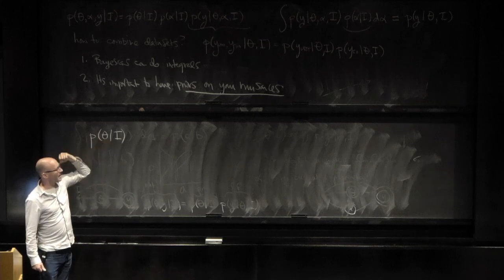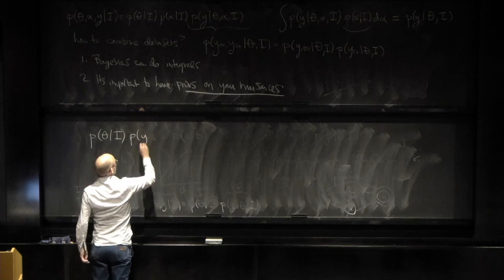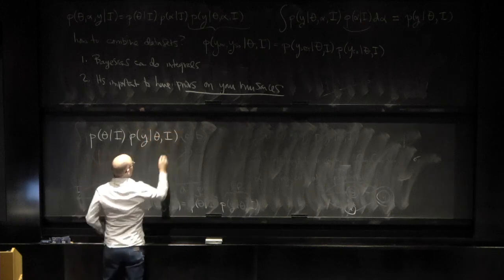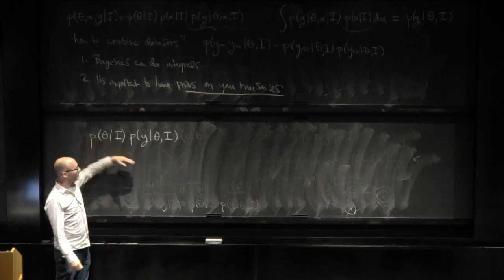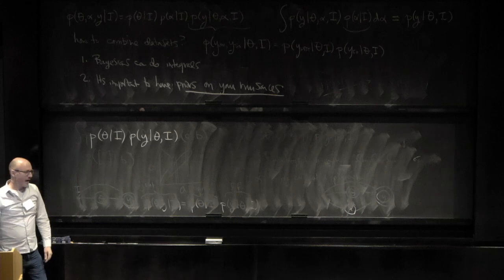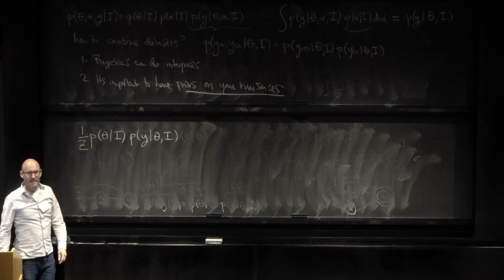So then I take the LSST marginalized likelihood that you deliver to me. That's P of y given theta and I. That's the likelihood function. I multiply my prior beliefs by the likelihood, and I renormalize it by something, which I'm going to talk about in a second.